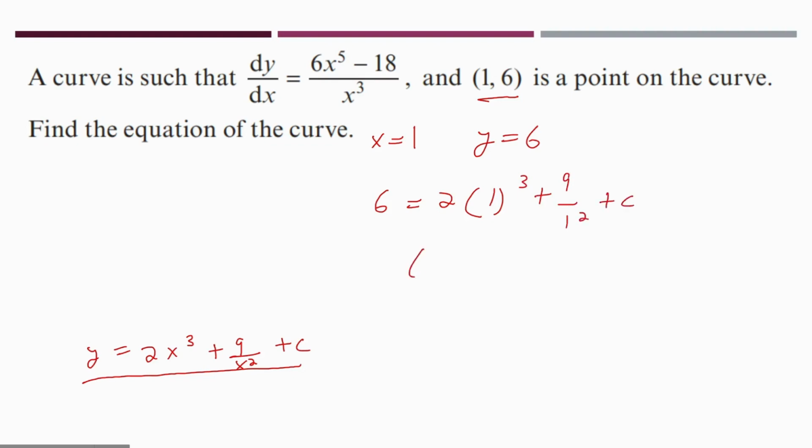So you can do it like this, 2, and this is just 1, so it does not matter. 2 plus 9, 11 plus c. So 6 minus 11, which is basically minus 5, is going to be c. So you can just put it in the other form, 2x cube plus 9 over x square minus 5.